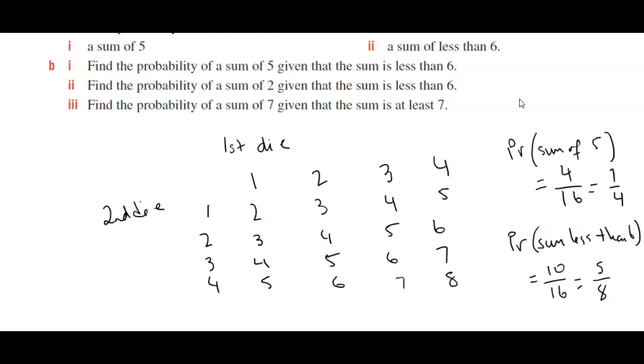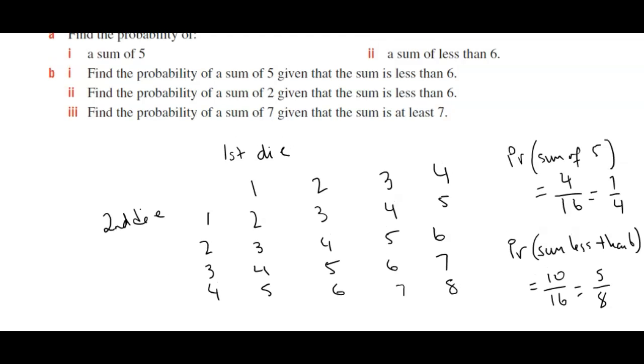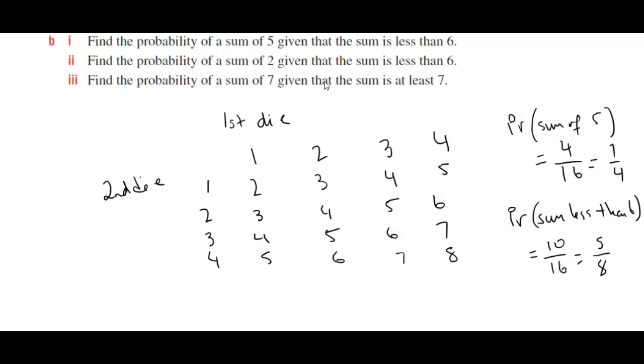Find the probability of a sum of 5, given that the sum is less than 6. All right, so what I might do is just use a different color. So we want the probability of a sum of 5 given that the sum is less than 6. So if we look at all the ones that are less than 6, okay, and you can use your conditional probability formula for this as well.